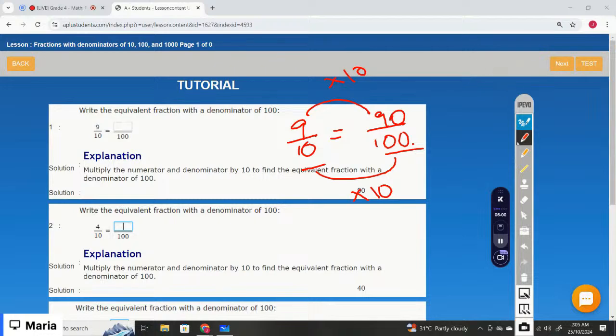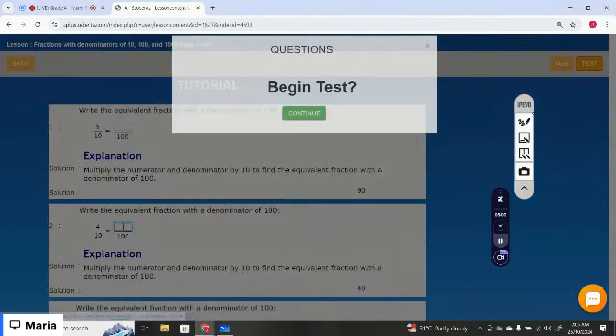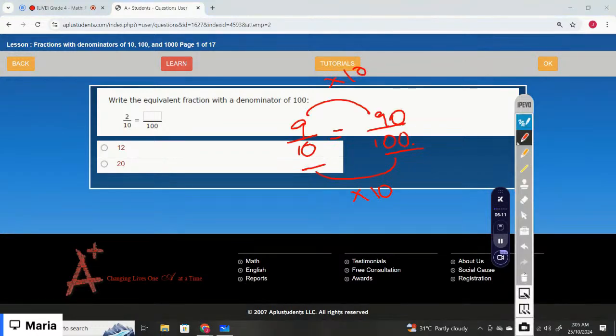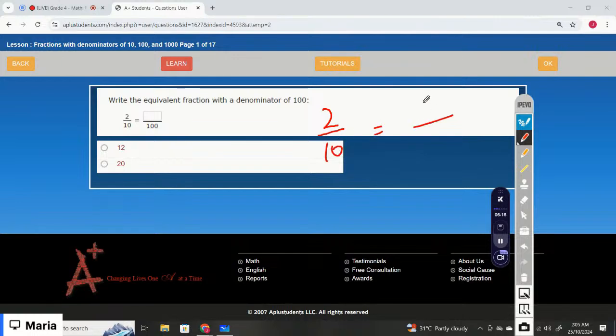Let's start with the test questions. That is 2 over 10 equals the missing number over 100. So again, the thing you need to understand is 2 over 10 equals the missing number over 100. Got it? So 10 times what number makes 100? 10 times 10 makes 100. You always multiply numerator and denominator with the same number. So you need to multiply the numerator by 10 also.